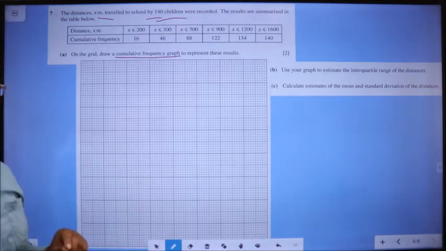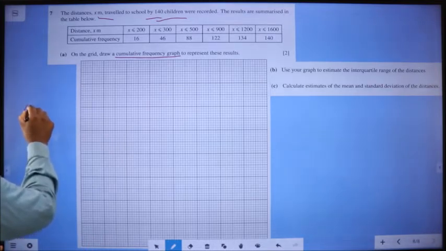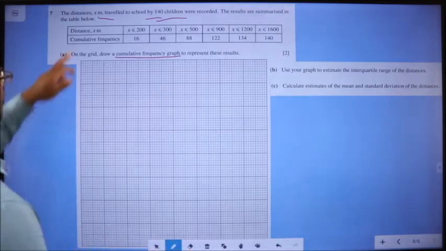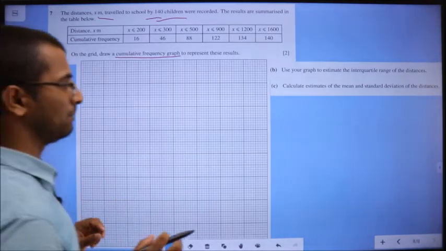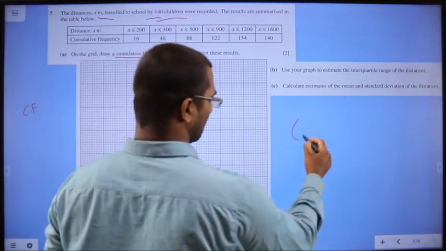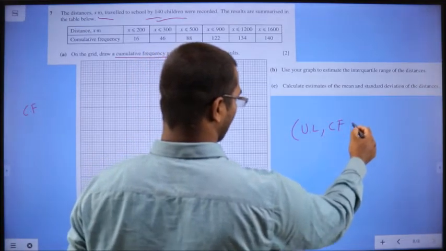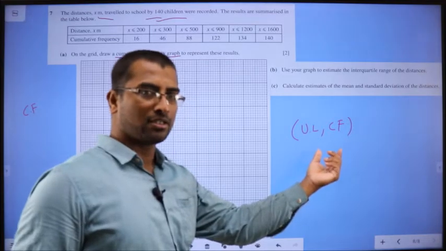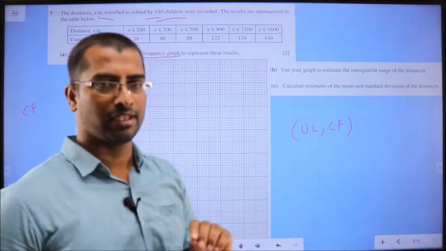To draw a cumulative frequency graph, on the y-axis is your CF, on the x-axis will be the distance, and the points will always be upper limit, comma, CF. First we get the points, then we plot the points, and join the points to get the cumulative frequency curve.